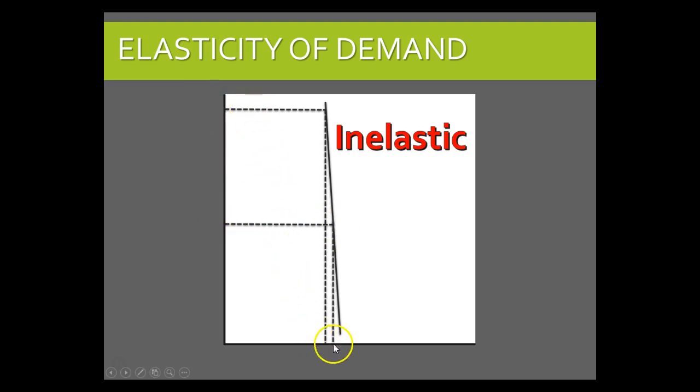But if we look at the quantity demanded, that change is very small. So we can see that demand does not respond very much to a change in price. When it comes to identifying whether a demand curve is inelastic or not, basically you're looking to see if the demand curve makes a shape like an I. If it's vertical like the I, then it's inelastic.